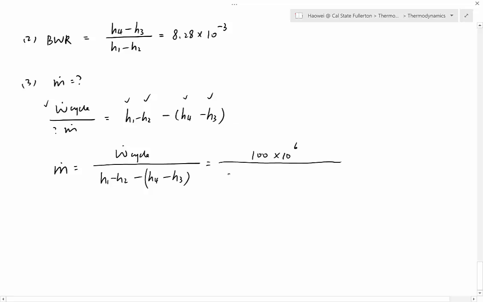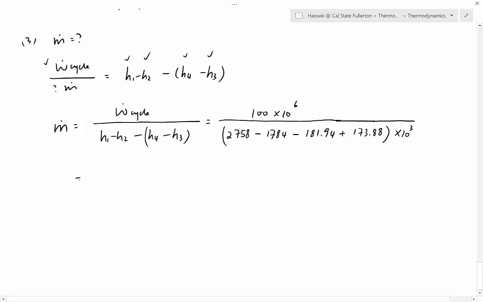And H1, 2758, minus H2, 1784, minus H4, 181.94, and then plus H3, 173.88. Remember, all four of them have the unit kilojoule per kilogram. So convert kilojoule to joule by multiplying 1000. So now everything in the right hand side is in SI unit. The solution is 103.5. What is the unit to mass flow rate? It must be SI, so it's kilogram per second.